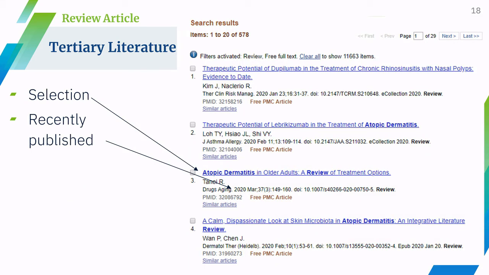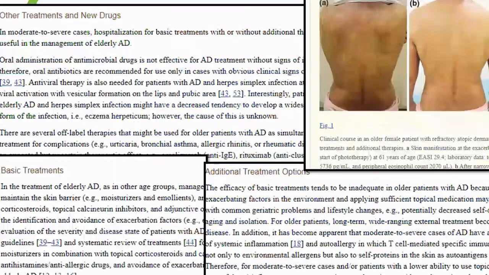Now let's say based on our desired population we have selected this article to study. This article is recently published and expected to provide information on the most recent research available in this category. When you start reading this article, you can find that in addition to basic treatment, updated information about various other treatments and new drugs is also given.